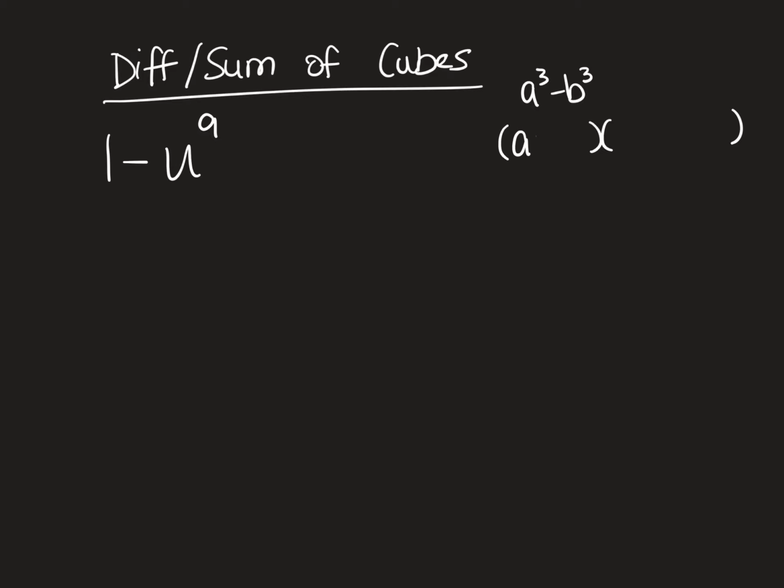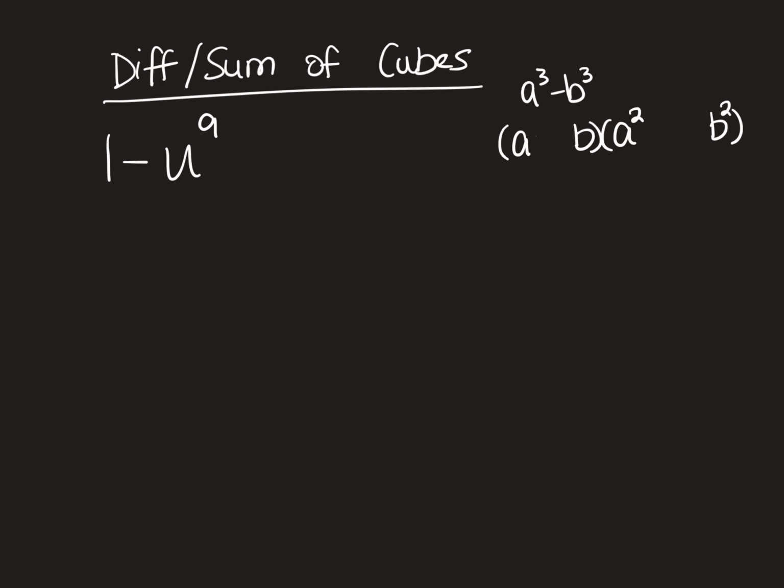The second thing is whatever the cubed root of this term is gets written here. Again, same kind of process. And then what we do is we take whatever we wrote in that first position. So whatever we wrote here, we then square. We do the same thing with b.